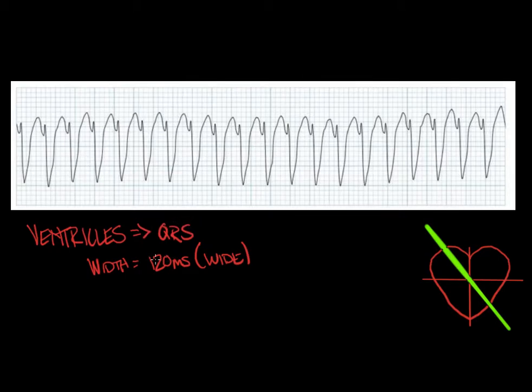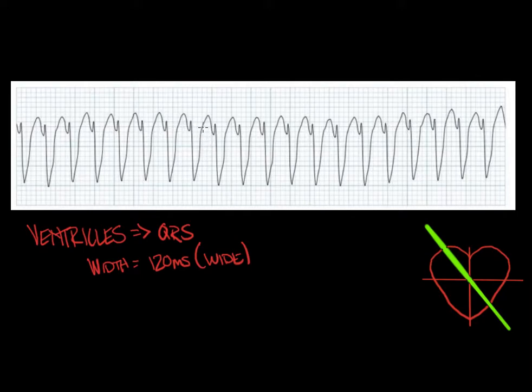Moving on to our next question, we're going to look at our R to R interval to see if we have a regular rhythm. If we were to march these out, we would see that it's probably fairly regular. Our next one would be our rate.